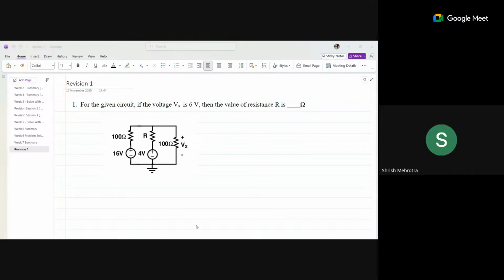Okay, ma'am. Solving. Yeah. So they are given Vx as 6 volts. You have to solve for R. Yeah, try doing it by yourself.